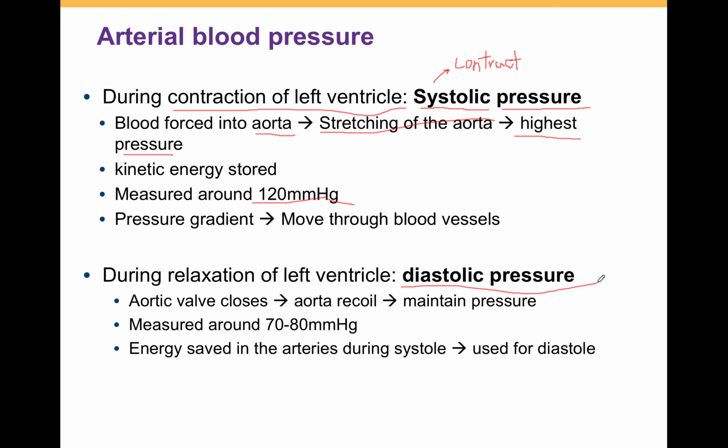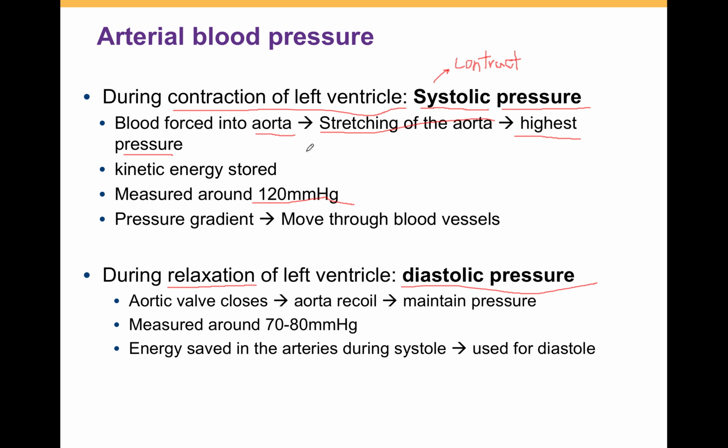Because this tissue is very elastic, I'm going to store some of that energy from the contraction into the elastic tissue of the elastic artery, or aorta. So when my heart starts to go from contraction to relaxation, what happens is basically you drop the pressure, right? There is no force behind this anymore. So what happens to the aorta in that time?